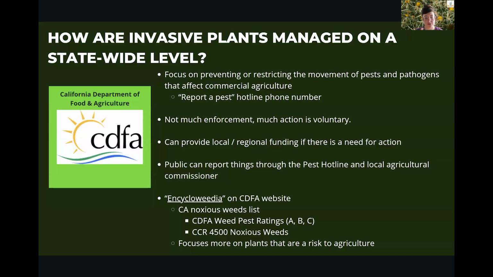And you might notice two different ratings on the weed list. So there's the CDFA weed pest ratings, which are A, B, and C. And then there's also the 4,500 weeds, which are also listed on the encyclopedia. All that means is that any plant on either of these lists is open to being regulated. So there might be some restriction on their movement into the state. There might be some restriction on whether or not they can be sold in the state, things like that.